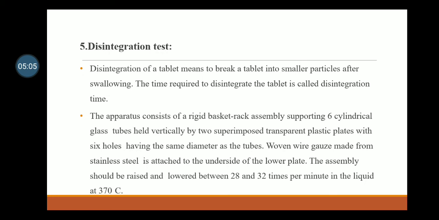One wire gauze made from stainless steel is attached to the underside of the lower plate. The assembly should be raised and lowered between 28 and 32 times per minute in the liquid at 37 degrees Celsius.